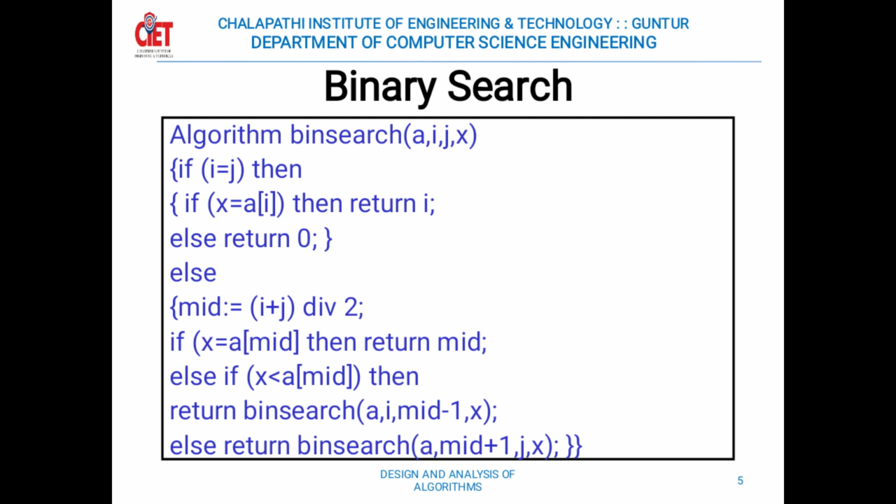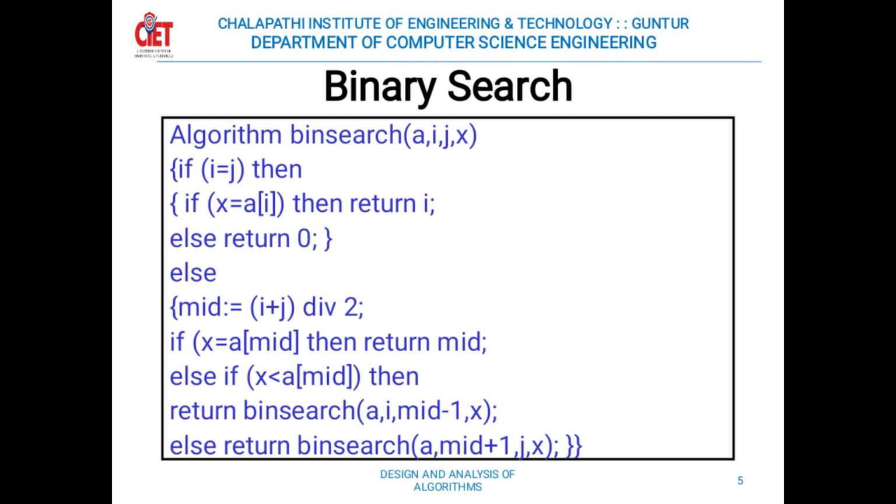In this algorithm there are four parameters. A represents the array of elements, I represents the starting index of the array, J represents the end or higher index of the array, and X represents the key element to be searched in the array A.